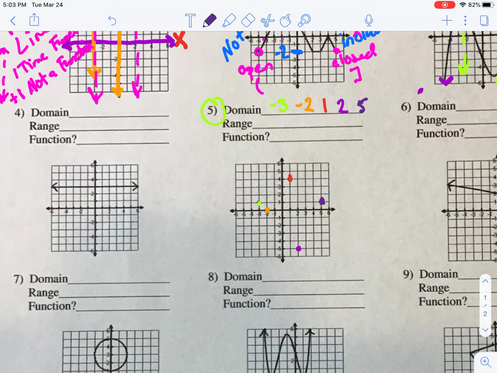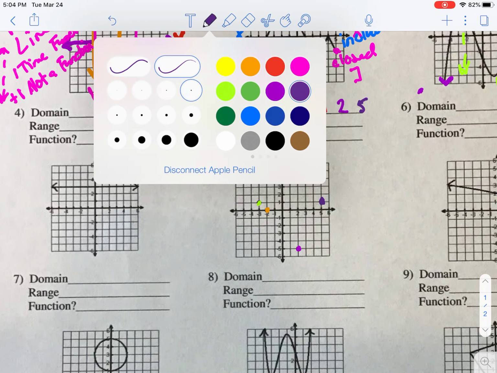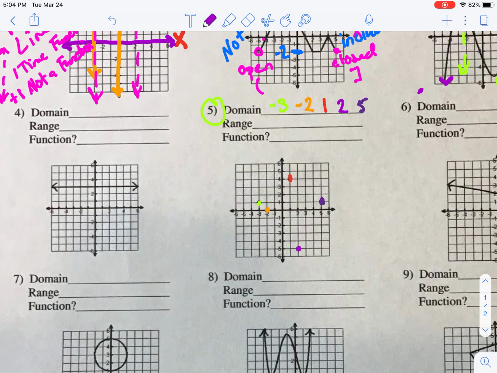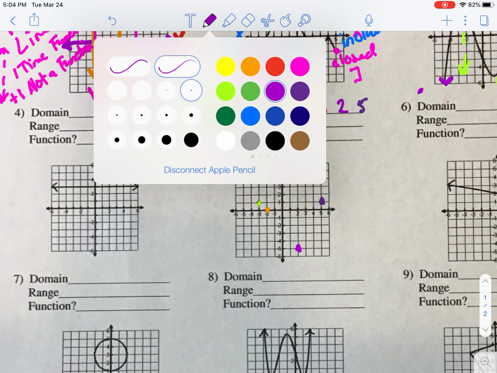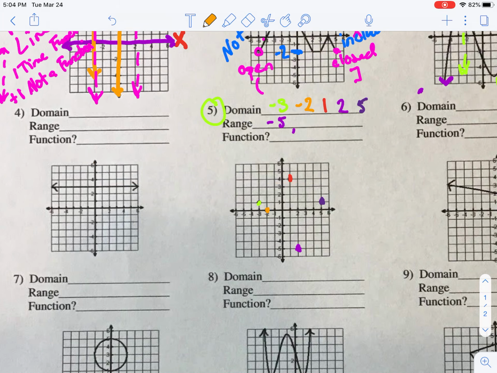Range, we're going to do the same exact thing, but we're not looking at the x-axis, we're looking at the y-axis. So if we start down here at this point, y value -5. If we go to our orange point here, the y value is 0.